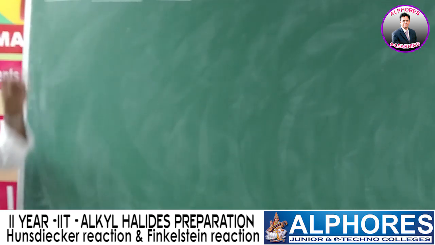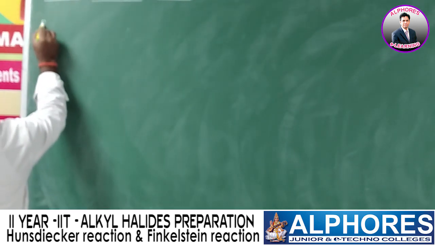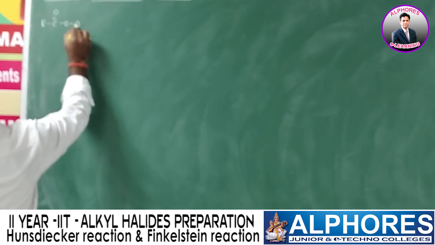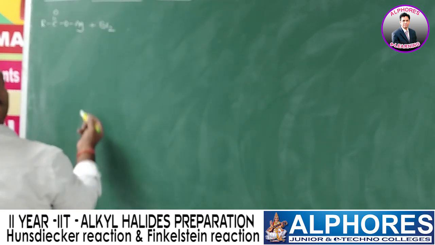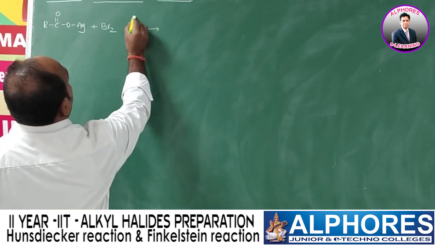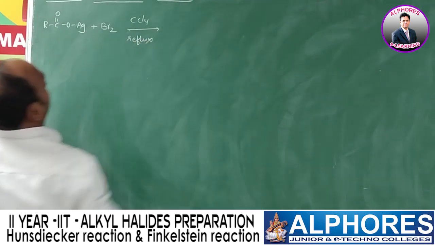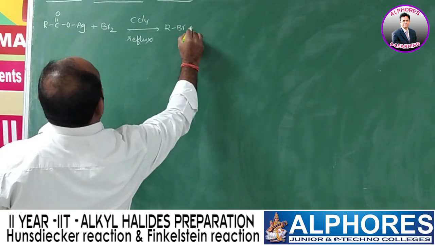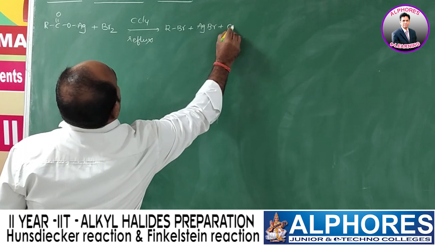In the Borodin-Hunsdiecker reaction, the silver salt of a carboxylic acid, RCOOAg, upon reaction with a halogen like bromine in the presence of carbon tetrachloride solvent, upon reflux, gives an alkyl halide, alkyl bromide, and AgBr plus CO2.